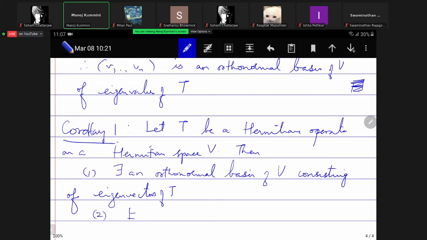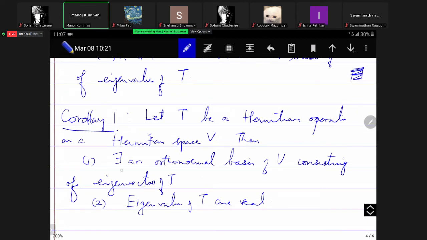Both these statements you have already proved. I'm just stating them. The first statement is the immediate corollary of the previous theorem, the spectral theorem, and the second statement is something that we have proved earlier.